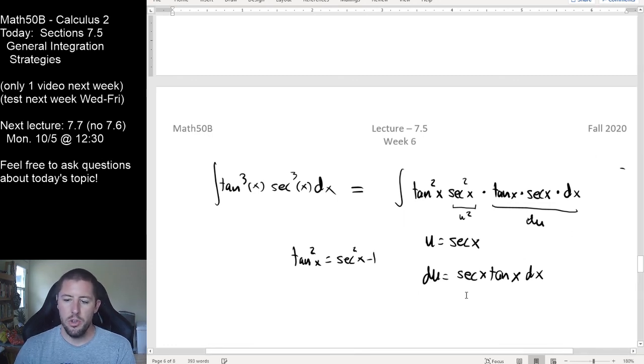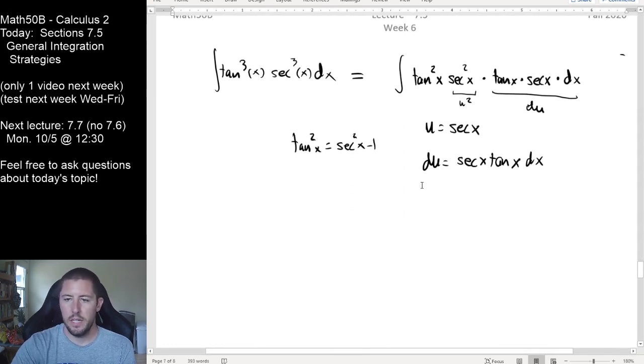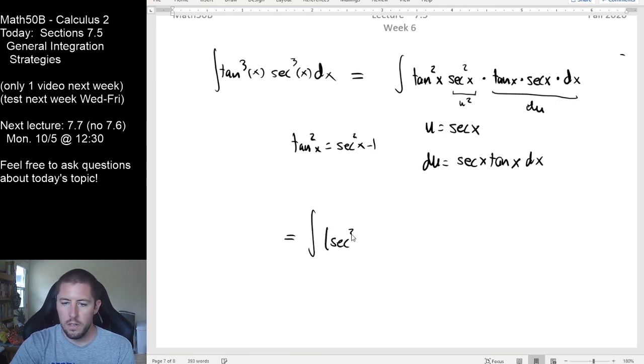So let's go ahead and use these three pieces of information to get this guy done here. I'm now going to land at tangent squared is secant squared x minus 1. Secant squared is just u squared. Tangent times secant times dx is all just du. And we're in really good shape now.